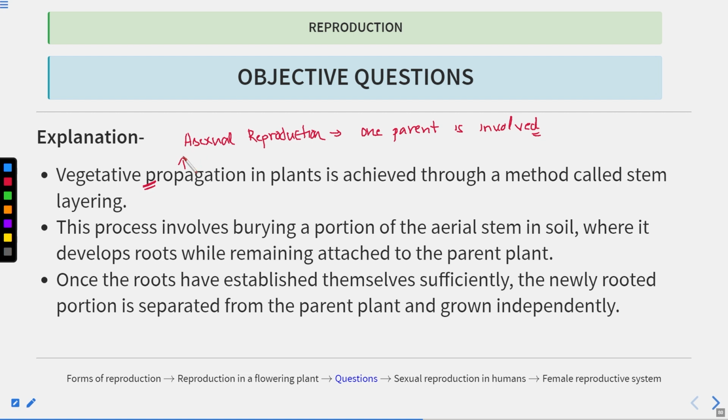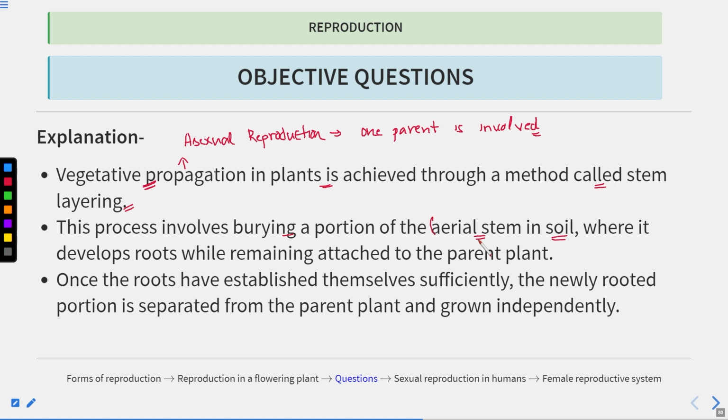Clear? So layering is a kind of vegetative propagation in plants, achieved through the method known as stem layering. What happens in stem layering? This process involves burying a portion of the aerial stem in the soil.